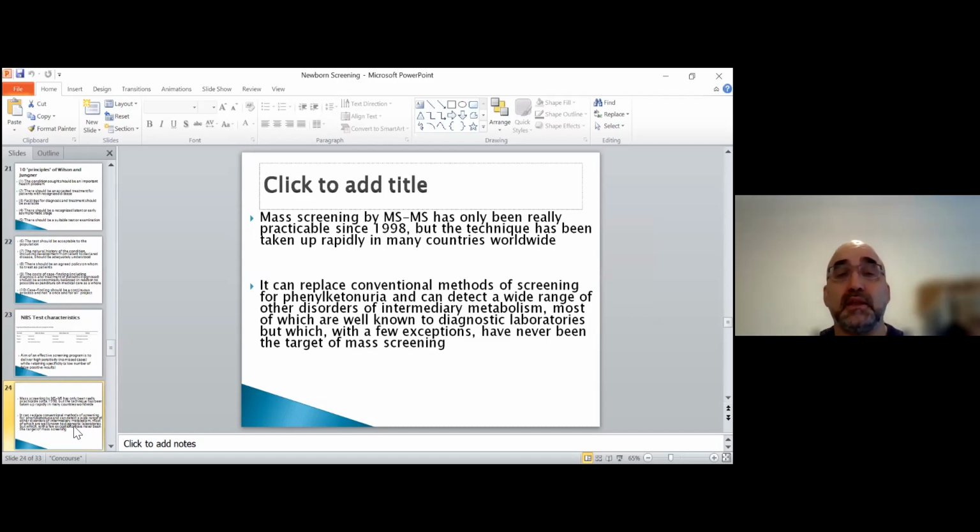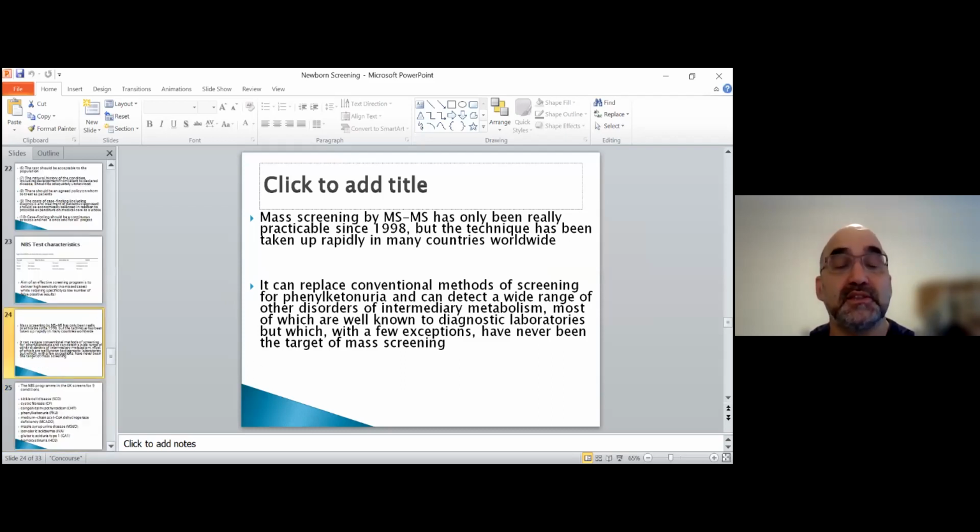Then, on the development of technology, the mass spectrometry that we currently have in many labs in the UK started around the end of the 20th century, 1998, and was rapidly taken up in many countries. PKU testing is now replaced by mass spec in most labs, and in addition to phenylalanine, it detects all of the other amino acids in the blood, so you have the potential to diagnose other diseases in the same blood spot on the same screen, because mass spectrometry looks at the whole spectrum of the assays that you're doing.